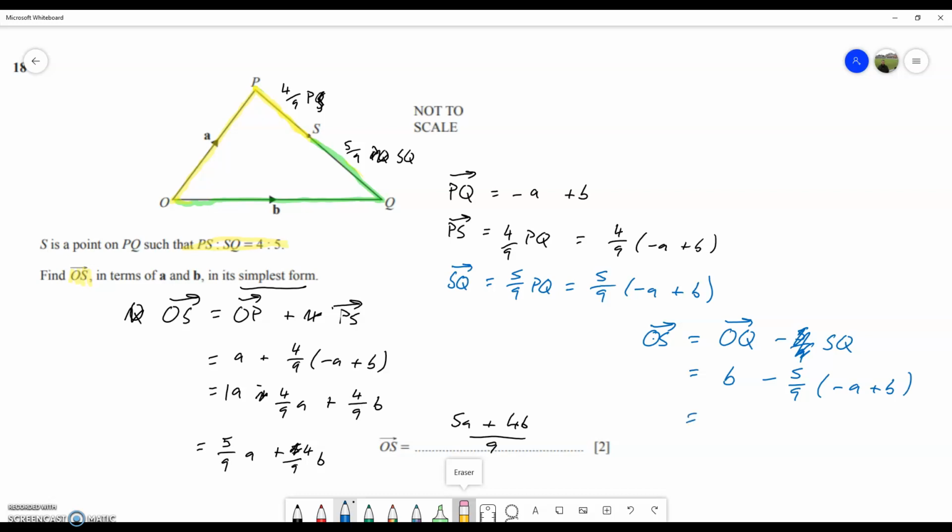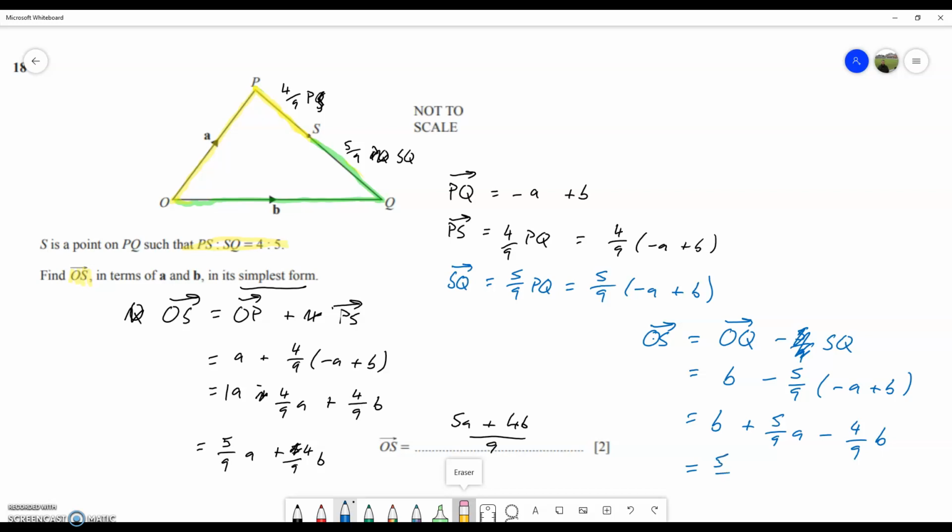So if we go through and simplify that, you end up with B plus, expanding this, plus 5/9 A minus 4 over 9 B. So we can simplify that again.